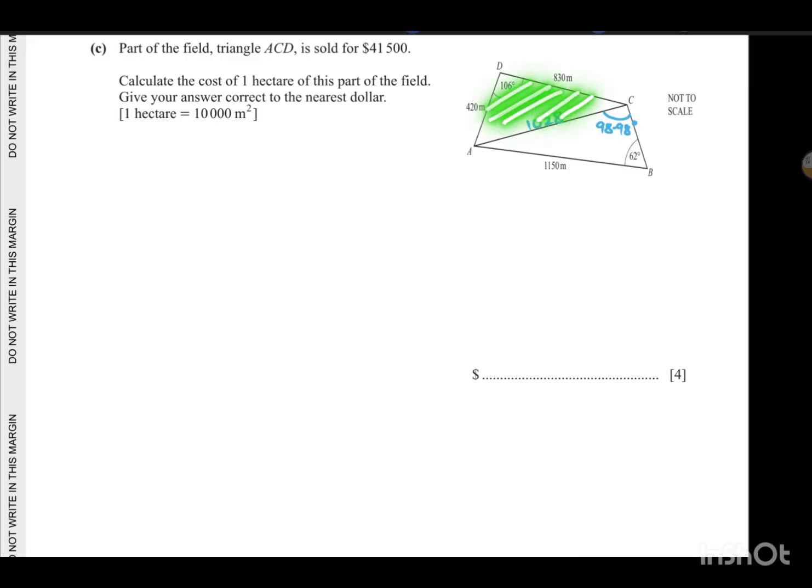So for the area of a triangle using an angle and two sides, we can use the half ab sine C rule here. So area of triangle ACD will be half into 420 into 830 into sine 106.